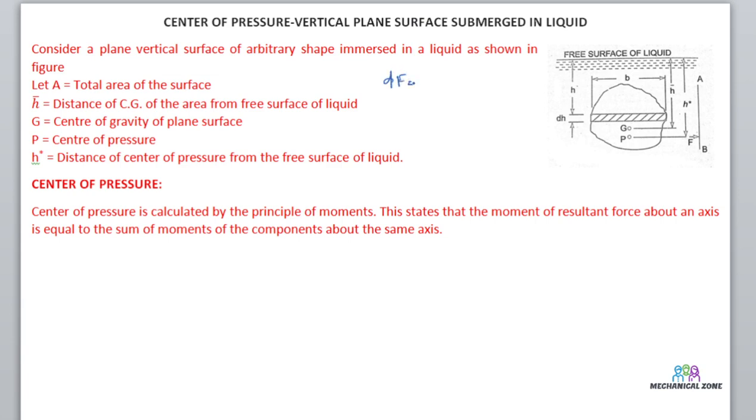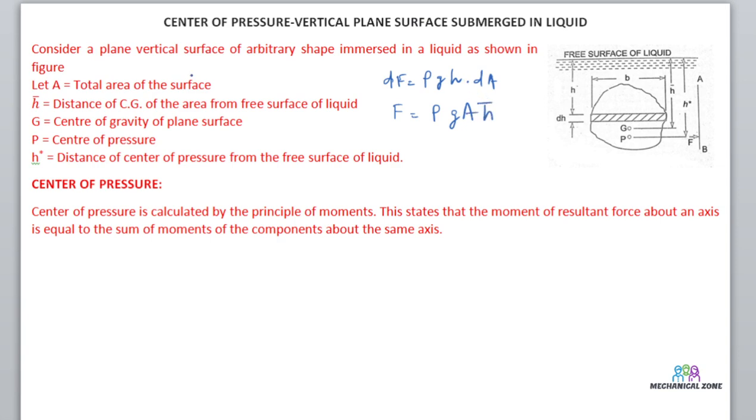dF is equal to rho g h into dA, F is equal to rho g A into h bar.